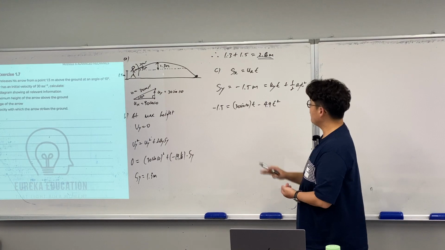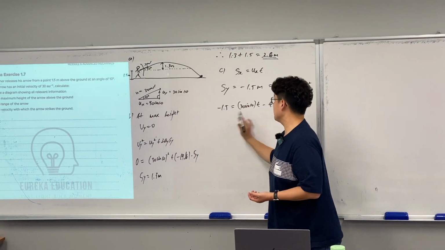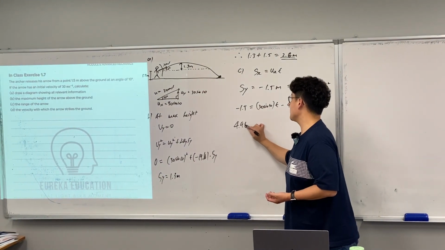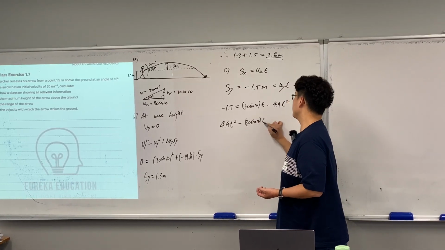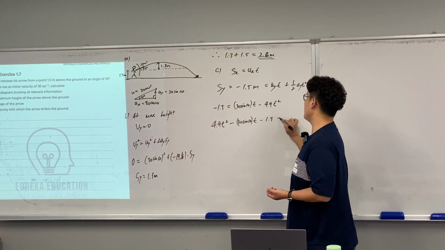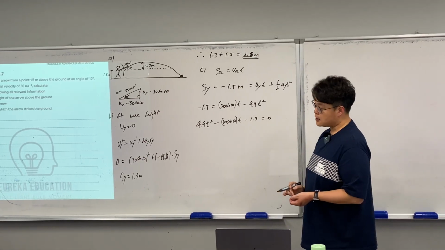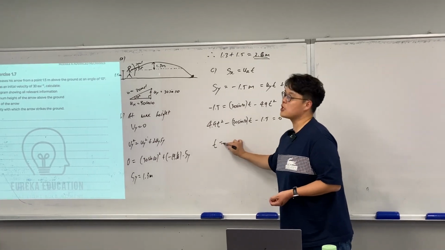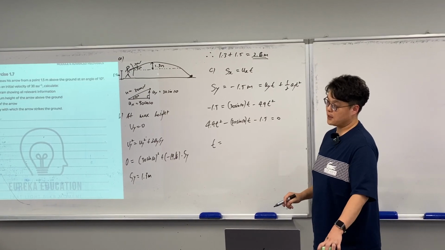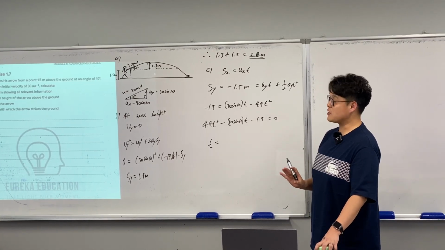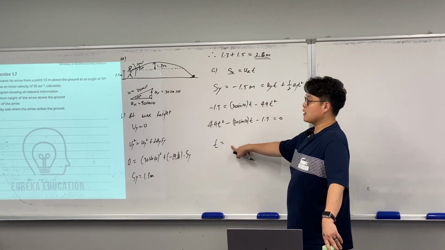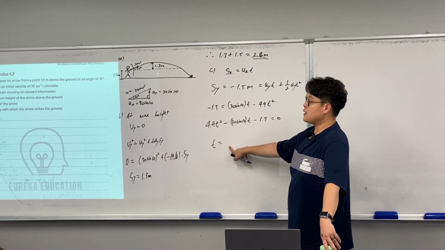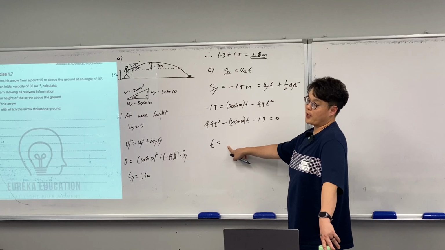What do we do from here? I'm going to move everything to the other side, which gives 4.9 t squared minus 30 sin 10 t minus 1.5 equals 0. Guess what? It's a quadratic. That's Year 9, Year 10, by the way; you should be able to do it. Quadratic: t equals minus b plus or minus the square root of b squared minus 4ac, over 2a.